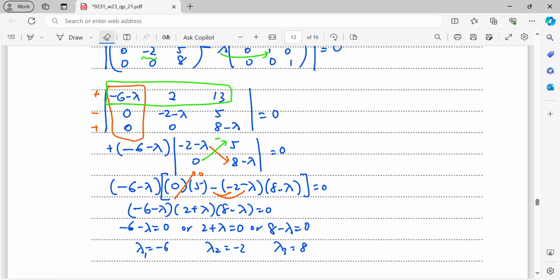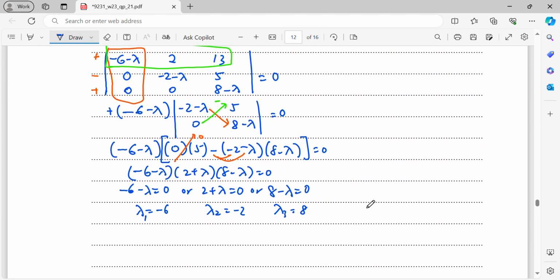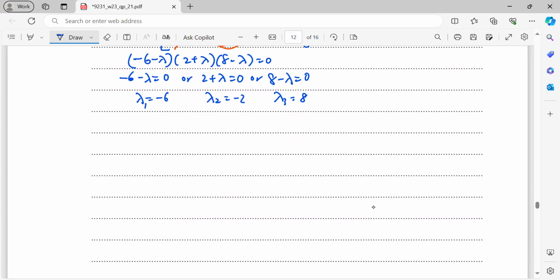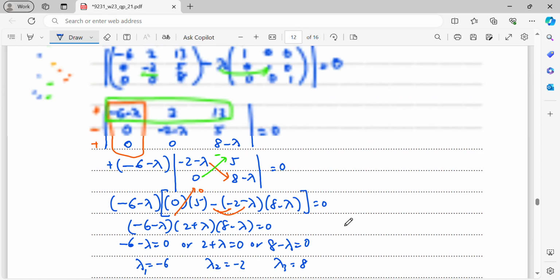Now I will start with the first eigenvector, when lambda equals lambda 1 equals minus 6. So A minus lambda I times x equals 0. Just now we took the A minus lambda I determinant.